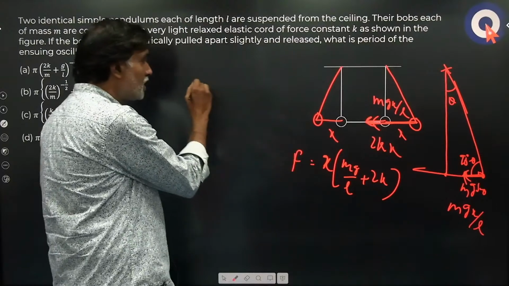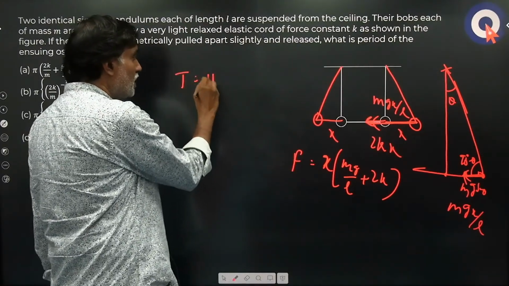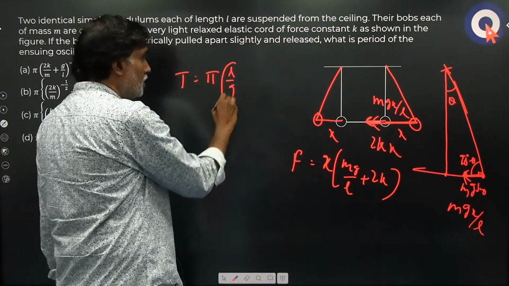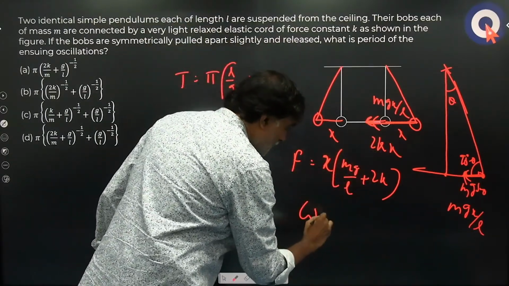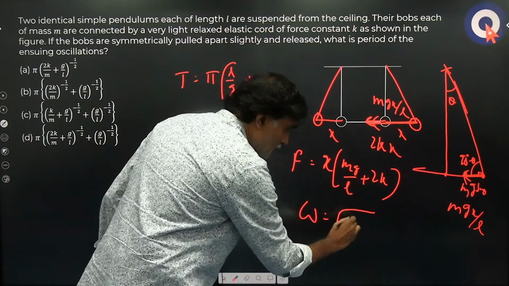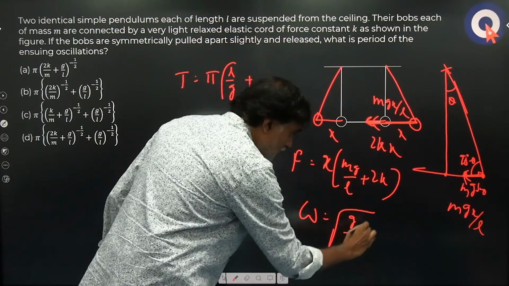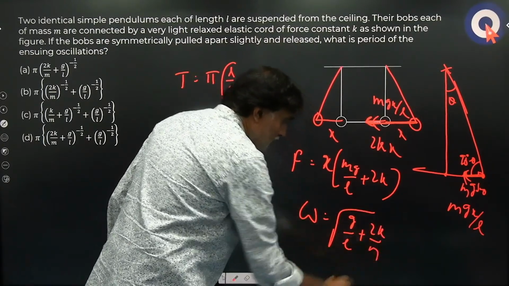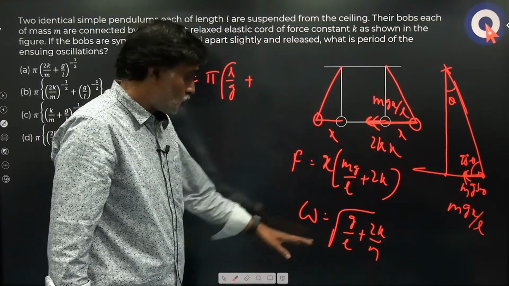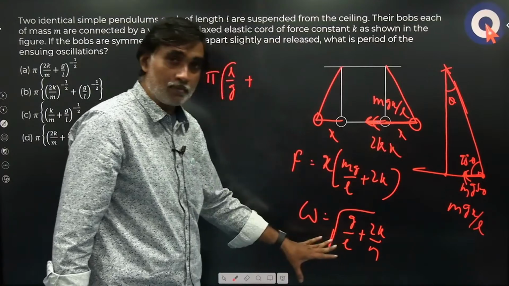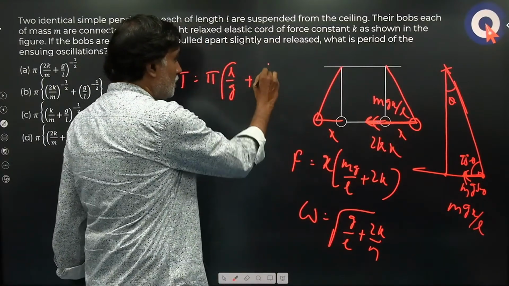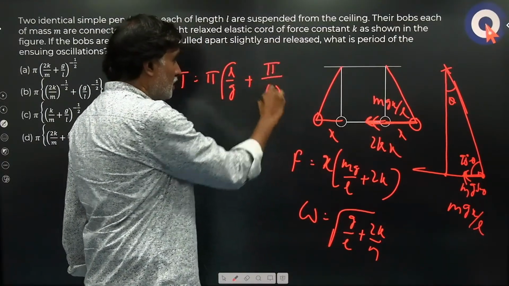So what is the total time period of oscillation? It is pi root L by g plus, what is this omega here? It is root of the coefficient of x by m, that is root of g by L plus 2k by m. And what is the time period? 2 pi by omega, but this is half of this time, that is pi by omega. Okay.